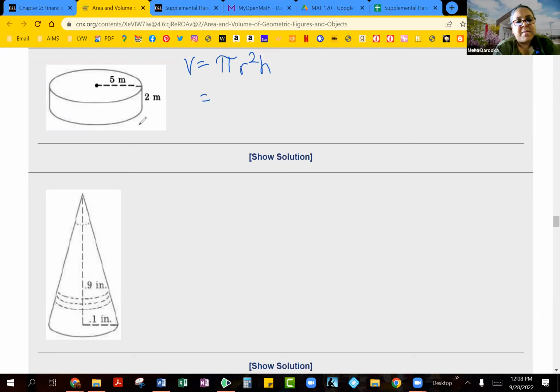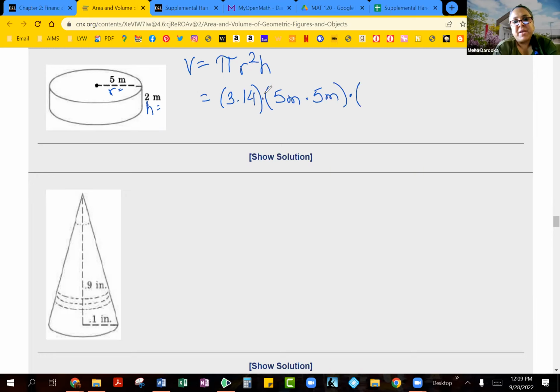So of course, the height of the cylinder is going to be 2 meters. And then you can see on the top, they're giving us the radius for the circular top and bottom, and that is going to come out to be 5 meters. So you are taking pi, which will again be 3.14. We are taking radius square, which means we are doing 5 meters times 5 meters.